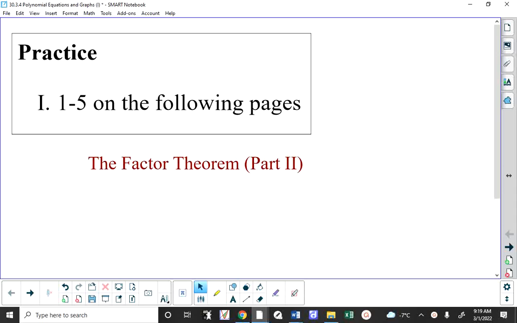And essentially what it boils down to is that the zeros of the function, which means graphically the x-intercepts of the function, are the zeros of all of the factors.